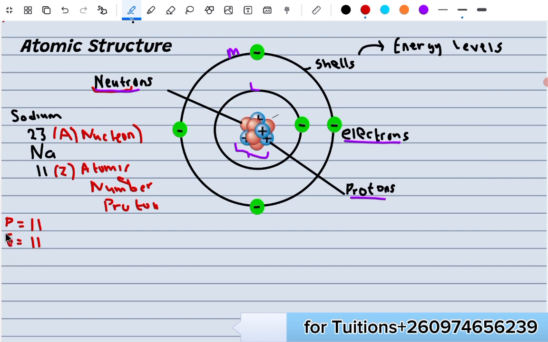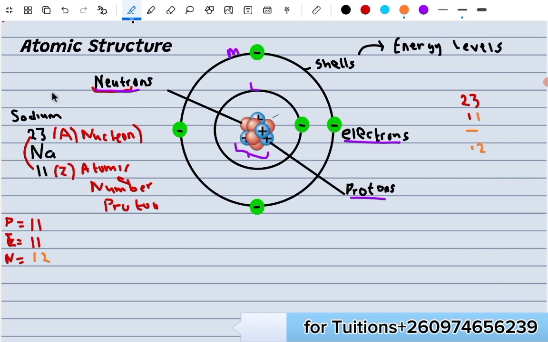And then neutrons, you always subtract this minus this. So if you do 23 minus 11, you get 12. In this particular case, the neutrons are actually 12. This is how you can show these.